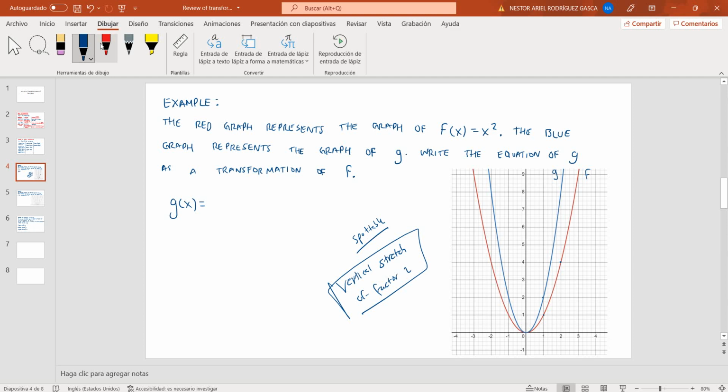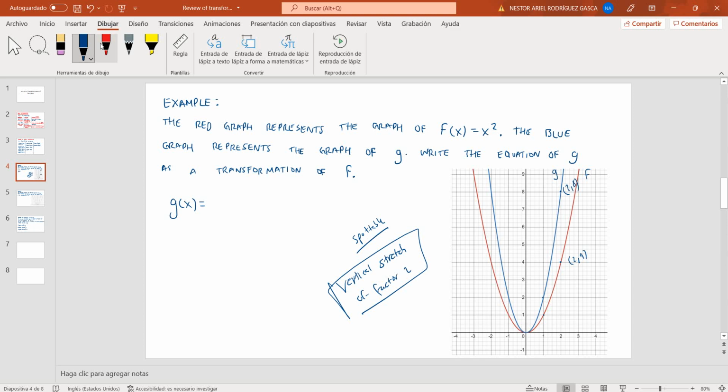Let's see. There you go, it's this point. So (2, 4) is being transformed into (2, 8). In fact, the y-coordinate of this point, which was 4, is being transformed into 8, which is twice this number. So yes, it's a vertical stretch of factor 2.